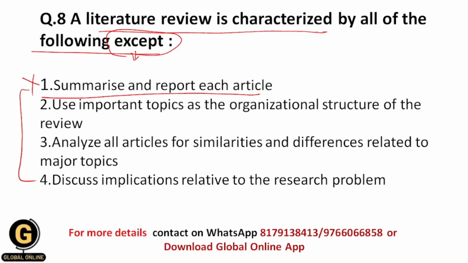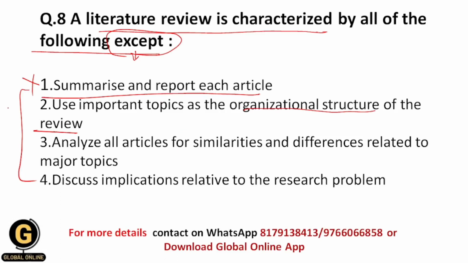Next is use important topics as the organizational structure of the review. Whenever we are doing a literature review, as it summarizes all the information that is helpful for our research, it organizes all the important topics, and because of that it makes the organizational structure of the review.